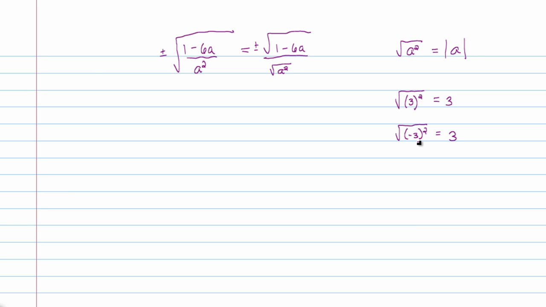And we all know the square root of a positive 9 is a positive 3. So here is where I'm telling you, saying the square root of some number squared returns that number is not true, because the square root of a negative 3 being squared didn't return a negative 3. It returned a positive 3. So in general, we say it returns the absolute value of a. In other words, the positive version of a.